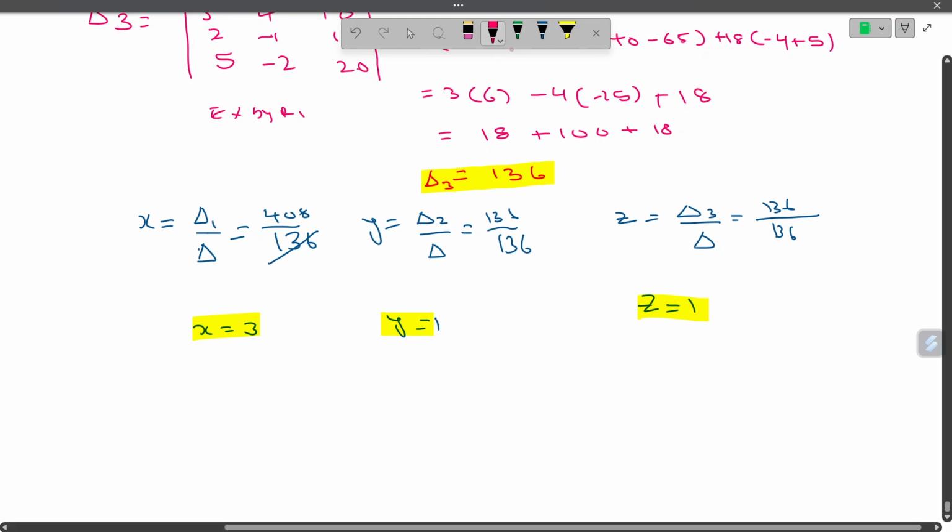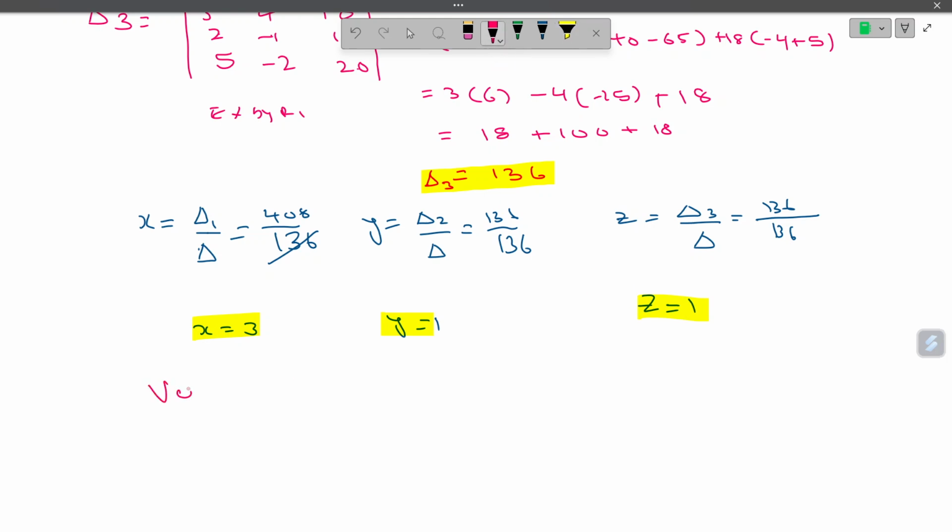I have a doubt, did we do right or wrong? Verify it. Do verification or check it. So take one equation, 3x plus 4y plus 5z equal to 18 is given.